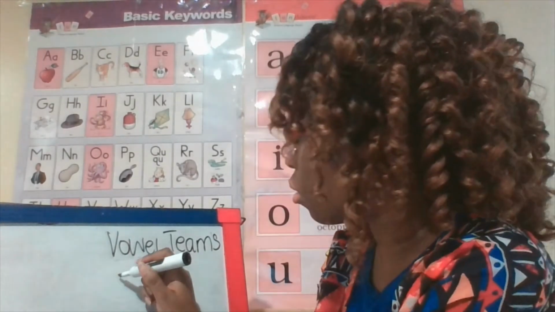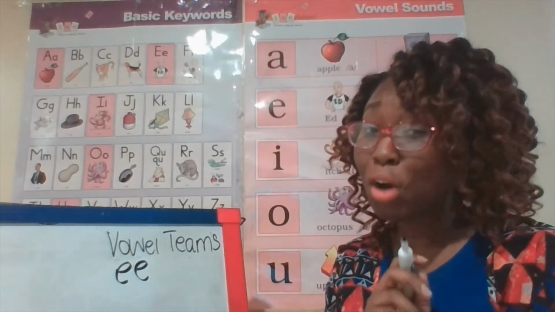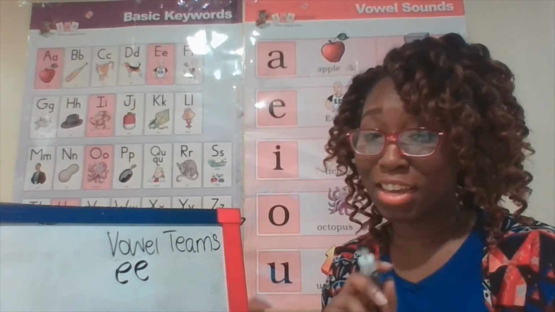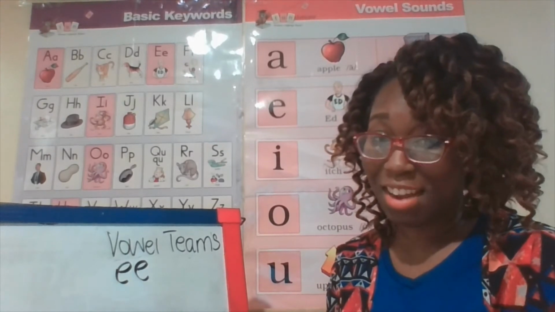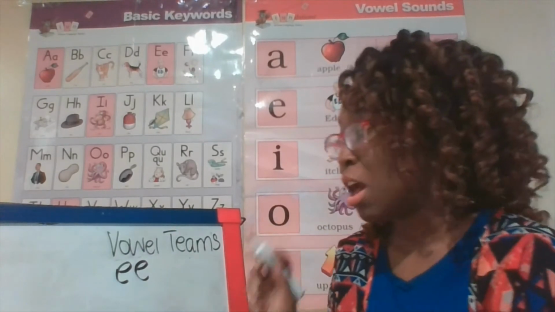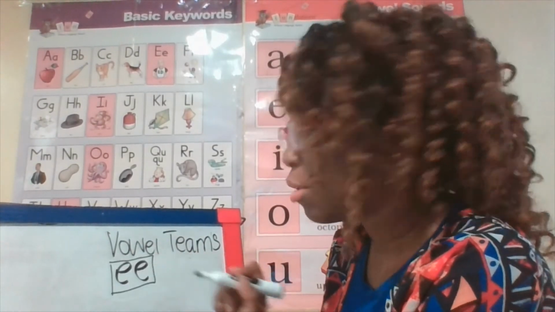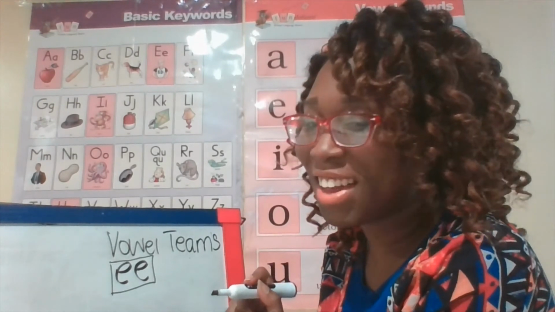There's also EE. Now I know you can think of some words that have EE in it. I know we probably won't have a mind match because there's so many that you're thinking of. But I'm thinking of one right now. Can you guess what I'm thinking of? Probably not.